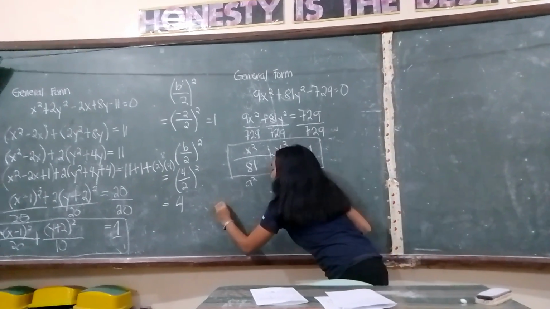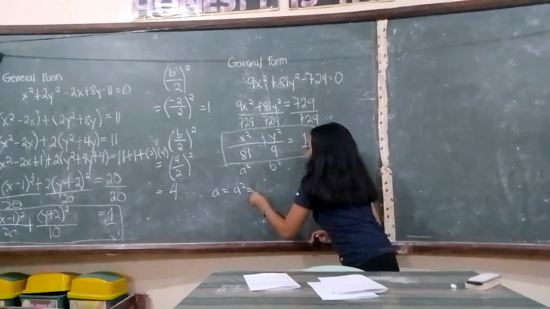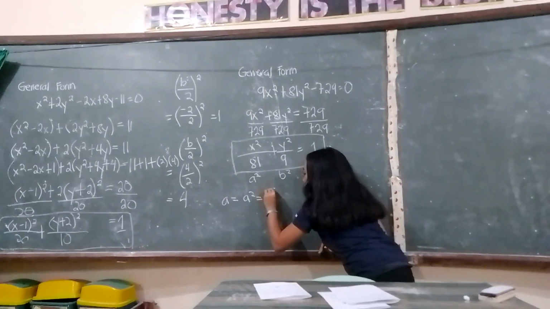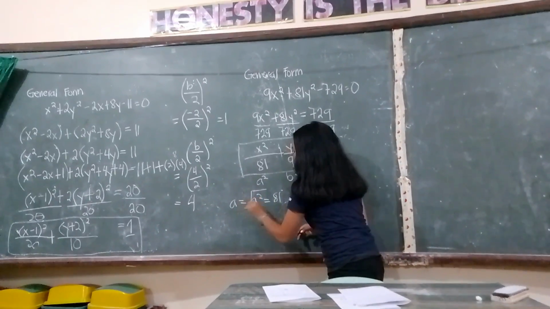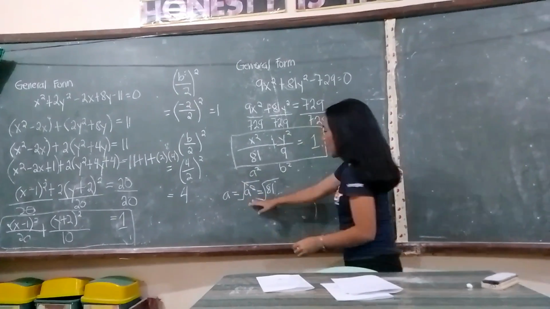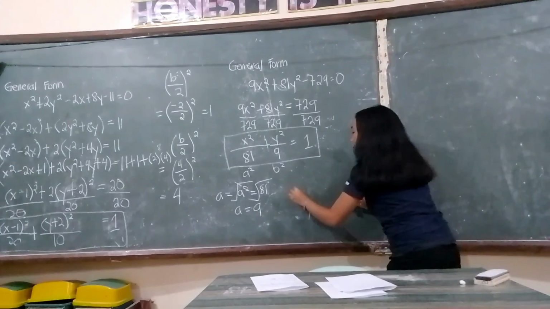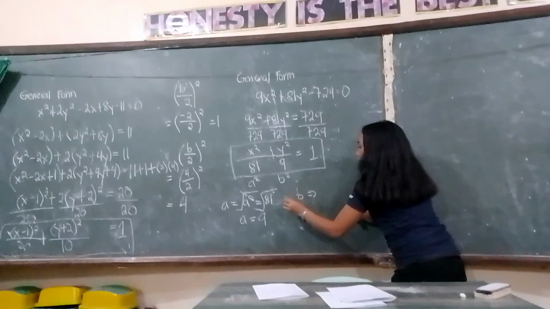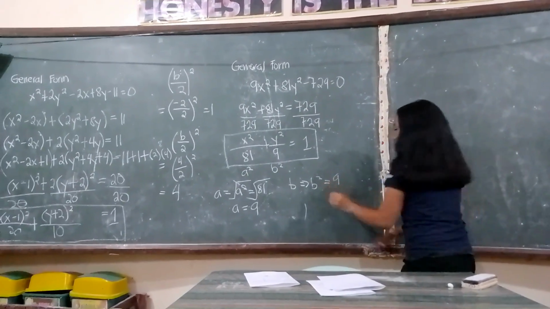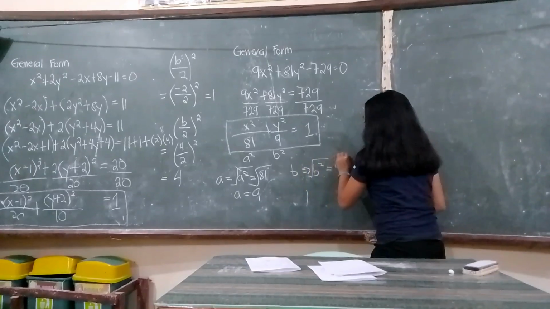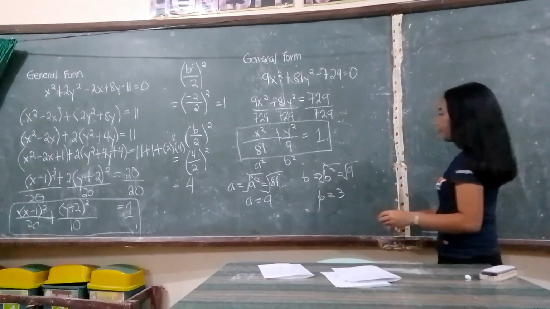So to find a, we have a squared is equal to 81. And to get the a, all we have to do is to take the square root. So we have a is equal to 9. And for b, we have b squared is equal to 9. And to get b, we take the square root, so b is equal to 3.